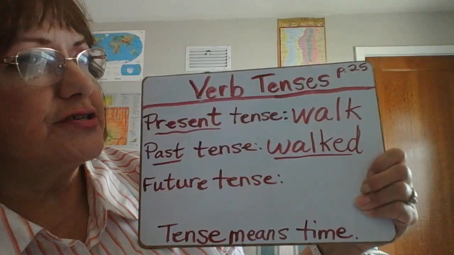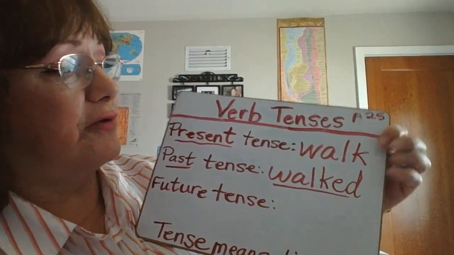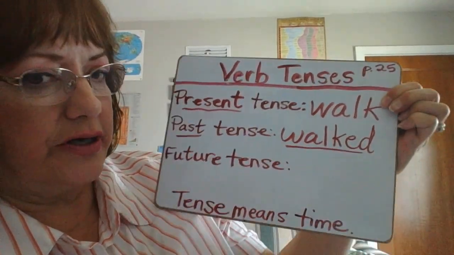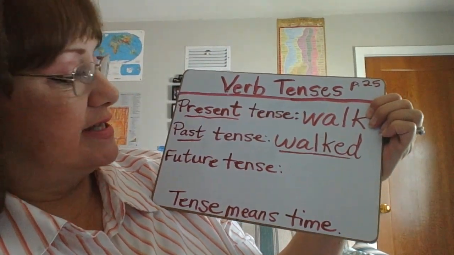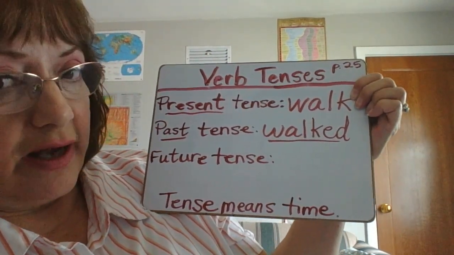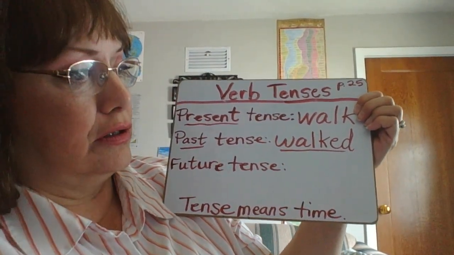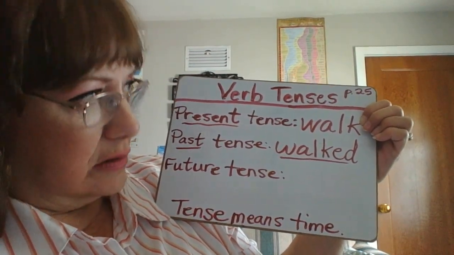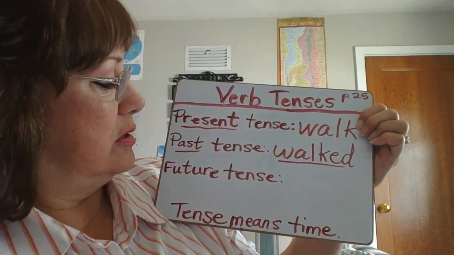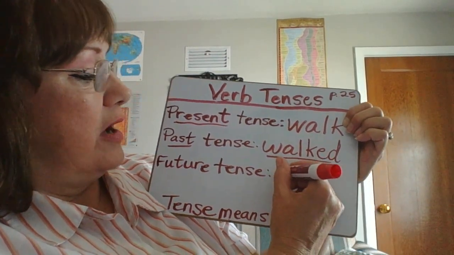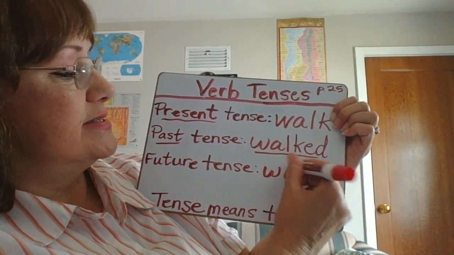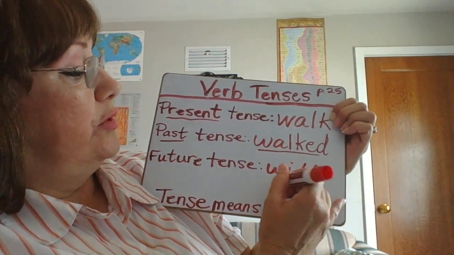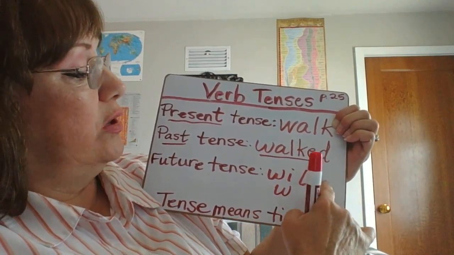Now for future tense, we often have to write an extra word. Let's pretend we're talking about something that didn't happen yet. The girls will walk to school. Okay? So oftentimes for future tenses, not always, we actually have to add the word will.